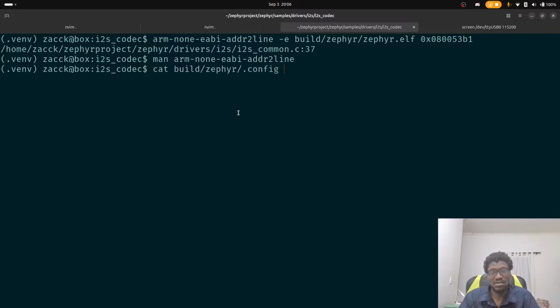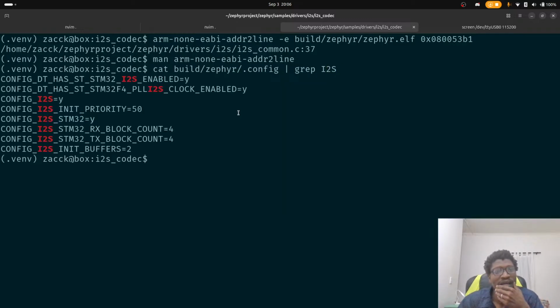I mean, cat build zephyr.config, and then grep I2S. Yeah, config DT has I2S enabled, PLL I2S enabled, I2S yes, init priority. Yeah, it's enabled. And then let's actually look at the DTS that is provided.